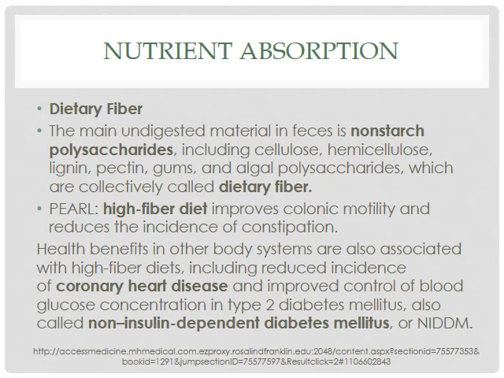A high-fiber diet improves colonic motility and reduces the incidence of constipation. Health benefits in other body systems are also associated with high-fiber diets, including reduced incidence of coronary heart disease and improved control of blood glucose concentration in type 2 diabetes, also called non-insulin dependent diabetes mellitus.